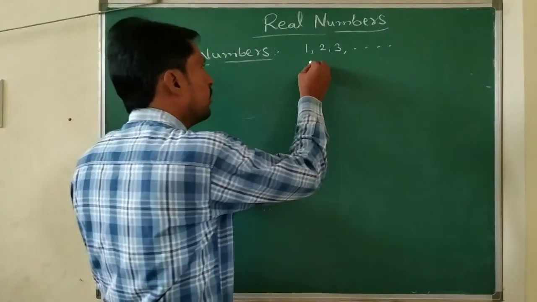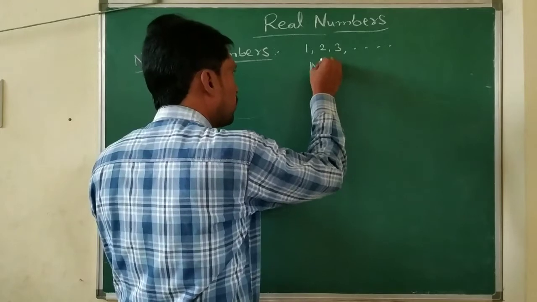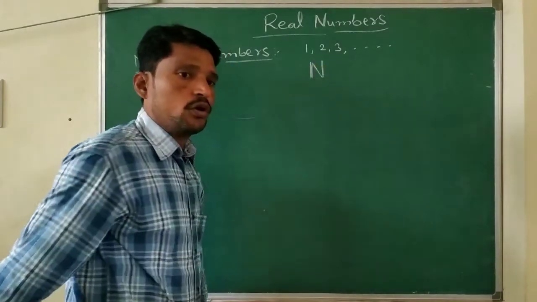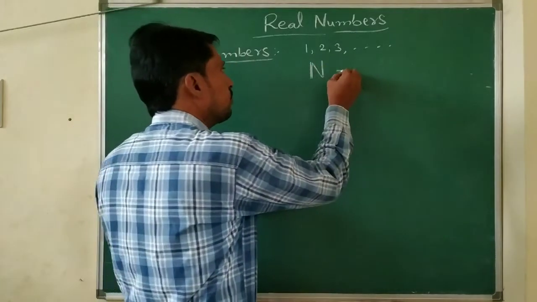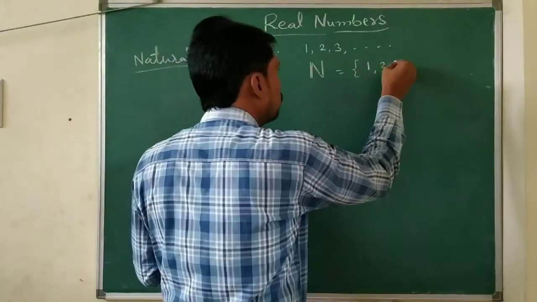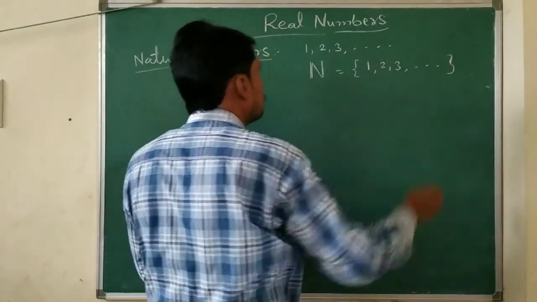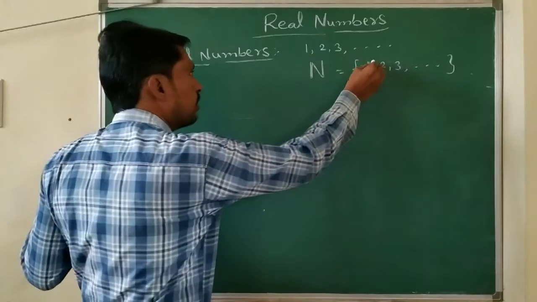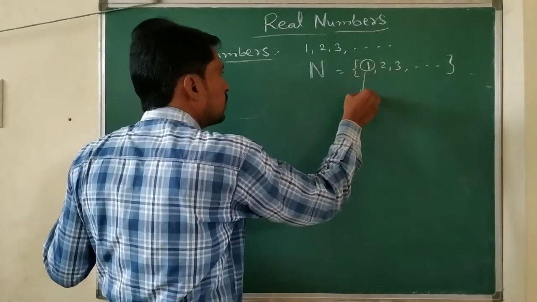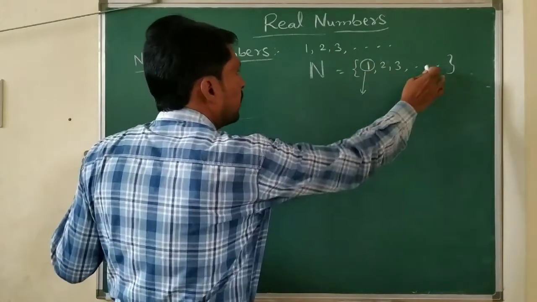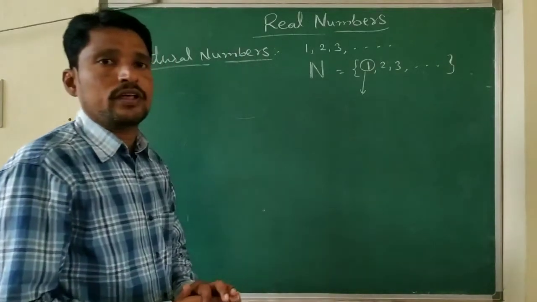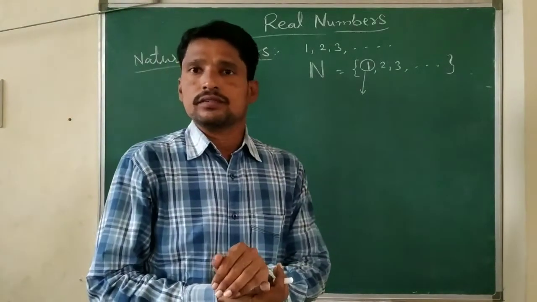It is denoted by capital bold N. So N equals the set of 1, 2, 3, and so on. Here 1 is the smallest natural number, and the greatest natural number we cannot define.